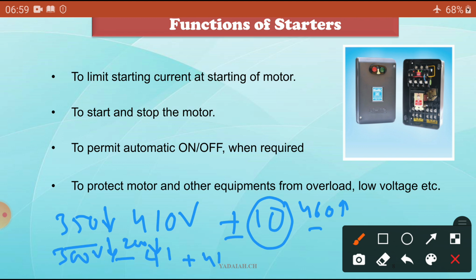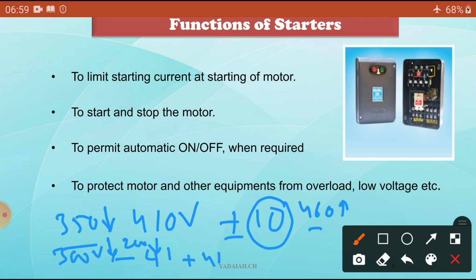At that condition, I want to stop my motor, but I am at the house only. Suppose I started the motor in my agriculture field and came to my home for lunch. At that condition, the voltage is less due to some short circuit faults, maybe shunt faults and series faults.